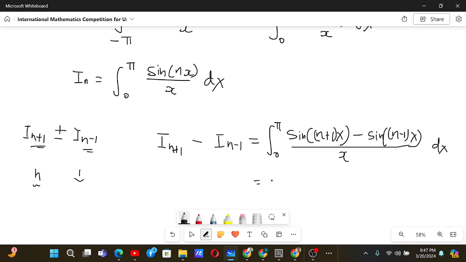Now for this we know that this is equal to 2 times cos of the average of the sum. The sum is 2nx, and by 2 is nx, and their difference is 2x, and by 2 is x, sin x.